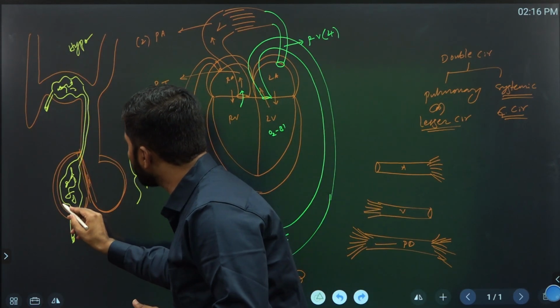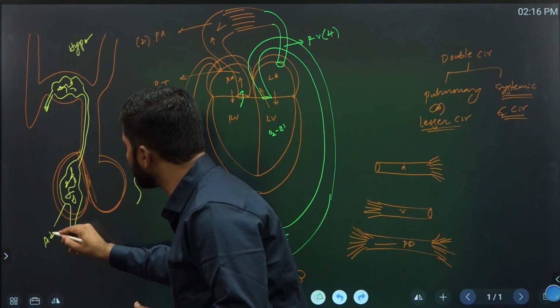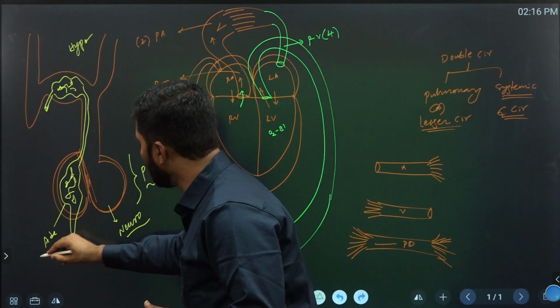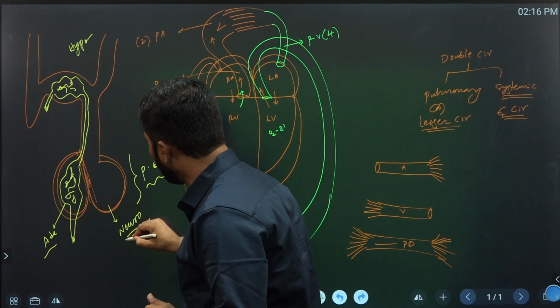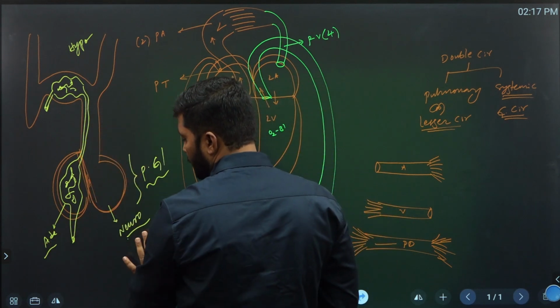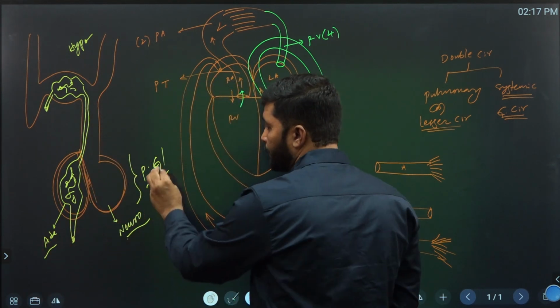right. This is the adenohypophysis, this is the neurohypophysis. For more details, we will discuss the endocrine system. The adeno and the neuro are both parts of the pituitary gland.